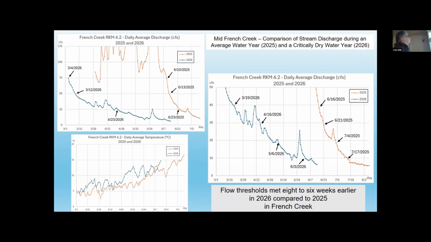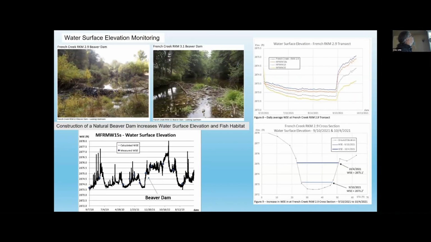And here on the right, the fundamental take home is that this year we're looking at flows that are 8 to 6 weeks earlier than flows that we saw last year in a so-called average to above average water year. So again, not good for all the ecological services that depend on this flow.